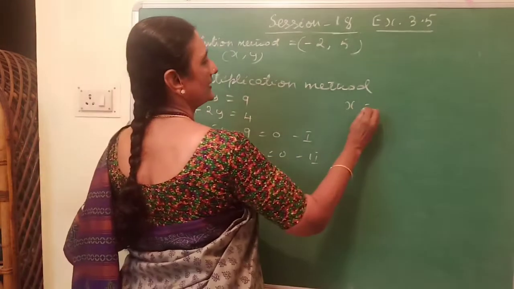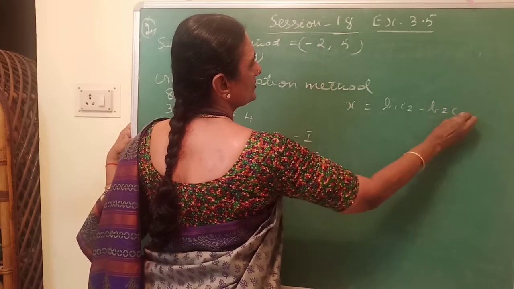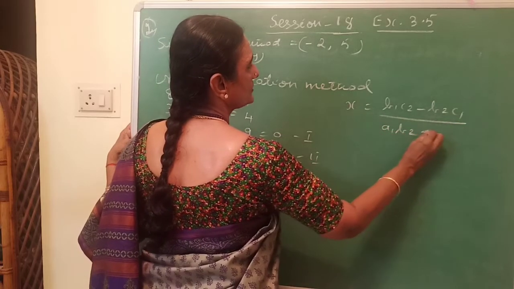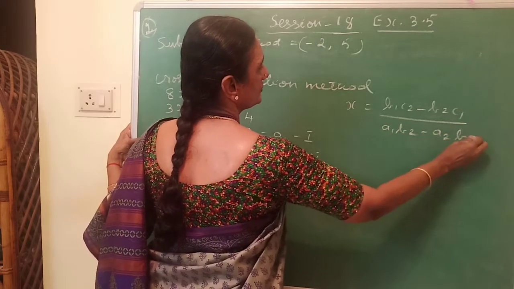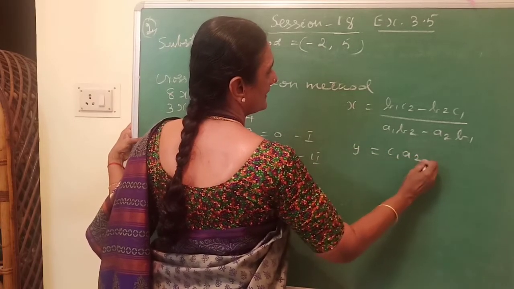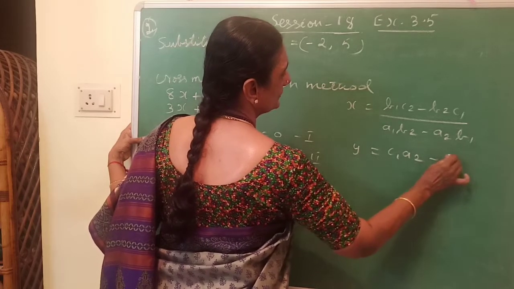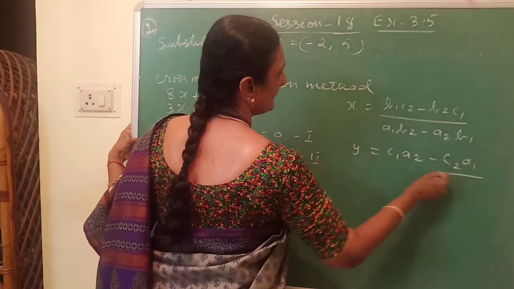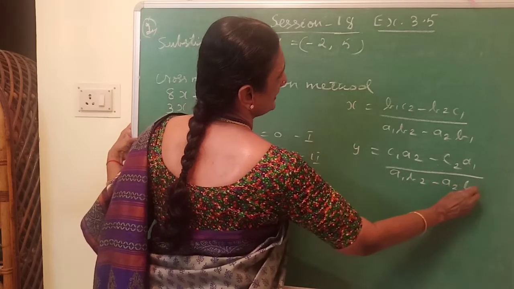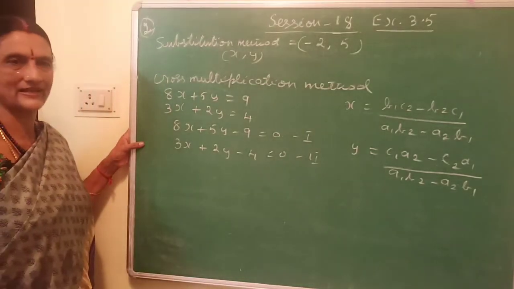Now x is equal to (b1 c2 minus b2 c1) by (a1 b2 minus a2 b1), and y is equal to (c1 a2 minus c2 a1) by (a1 b2 minus a2 b1). So this is the formula. We have to write it as it is.